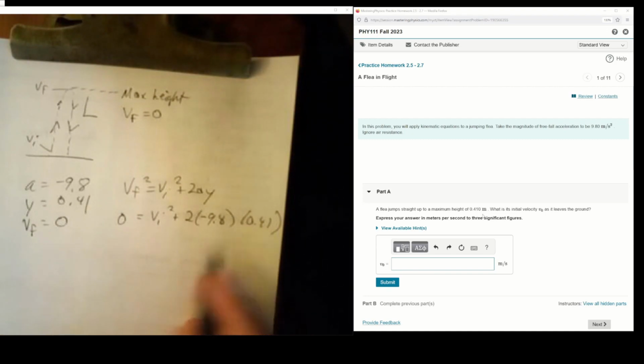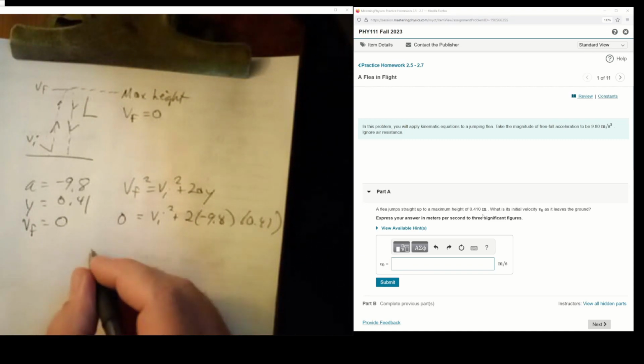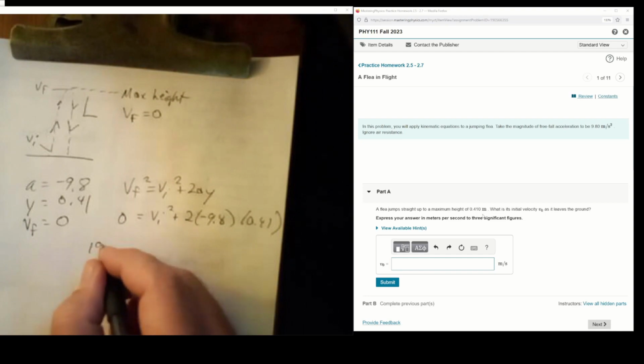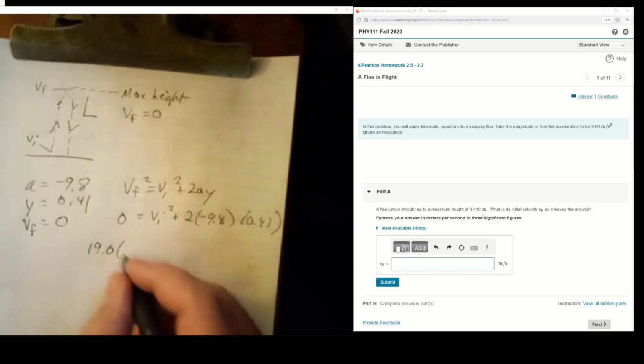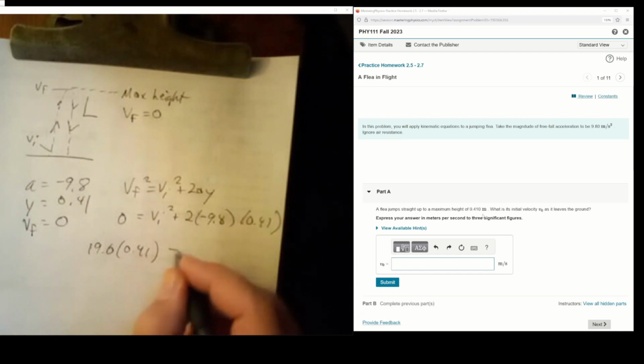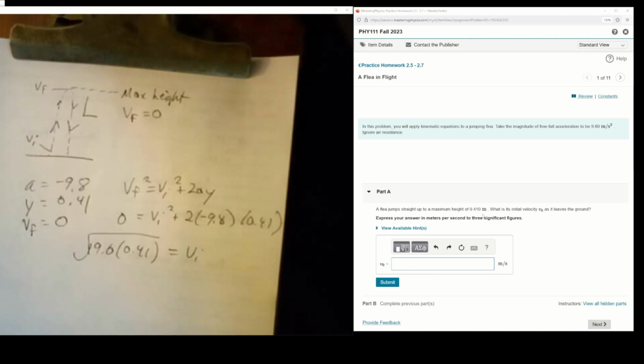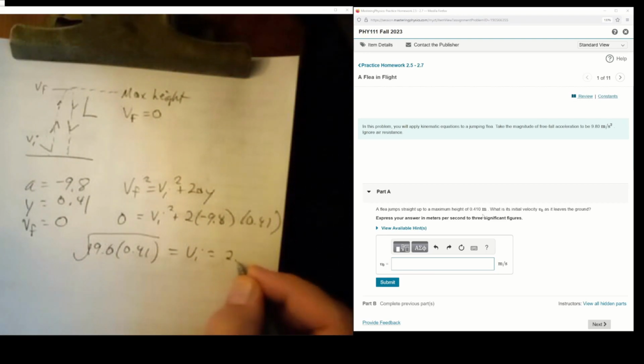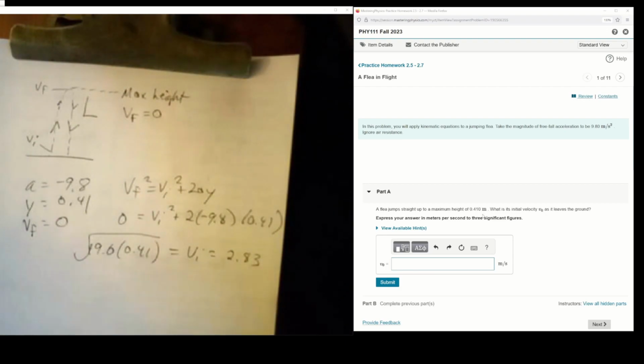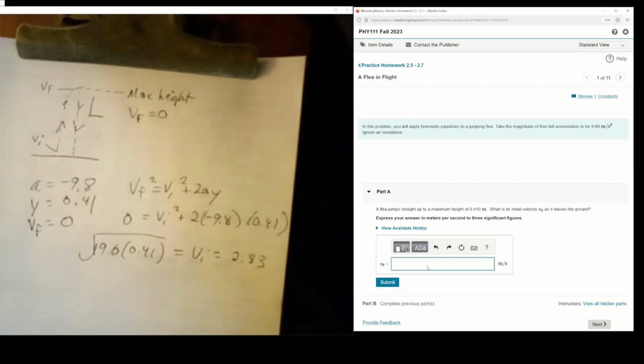And move that all to the left. So 2 times 9.8, 19.6. And we'll take the square root of both sides. 0.83.